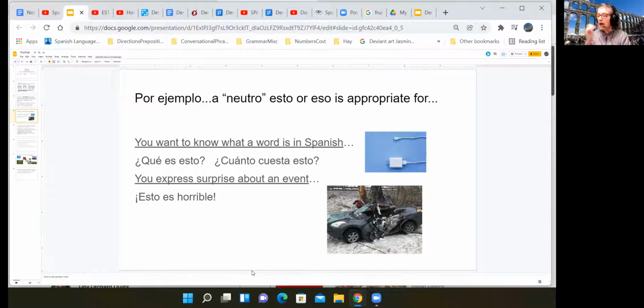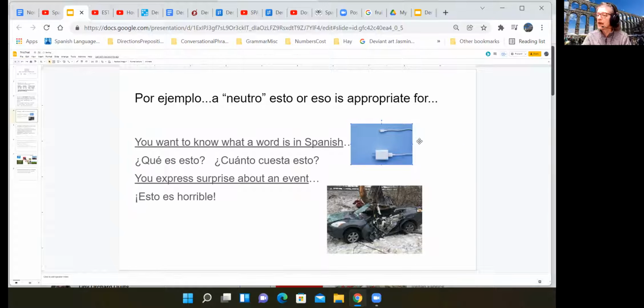Gracias. So, in other words, you can see this screen, right? That plug, this thing here, this plug. You don't know how to say charger. Oh, shoot. You're traveling. You forgot to pack it.